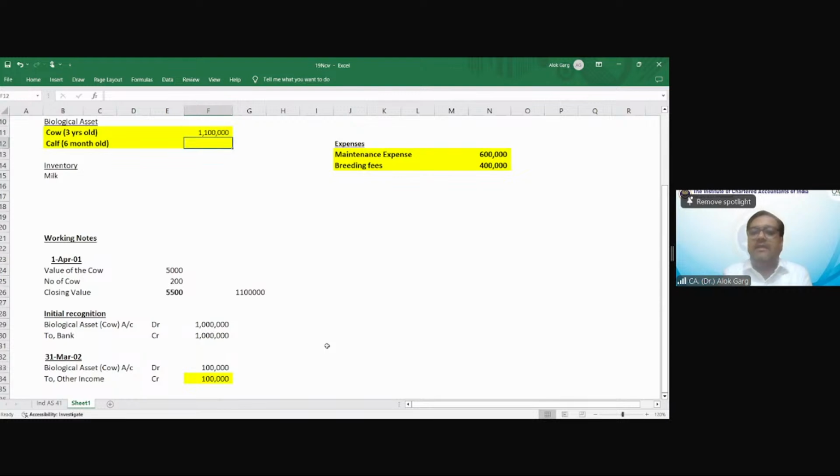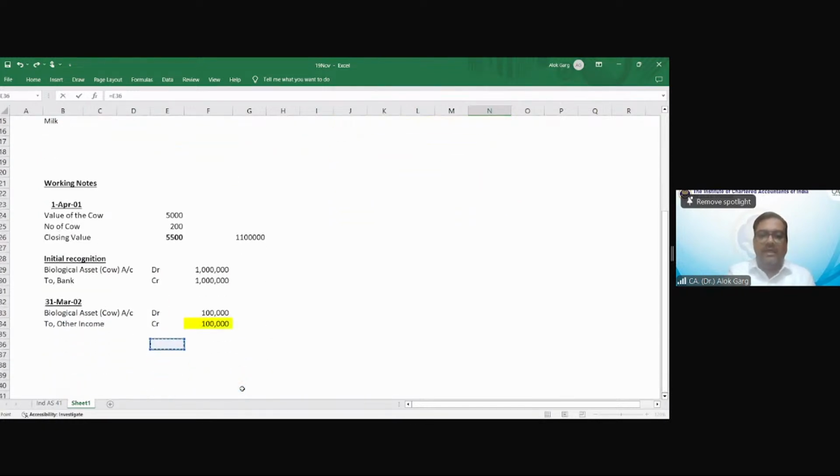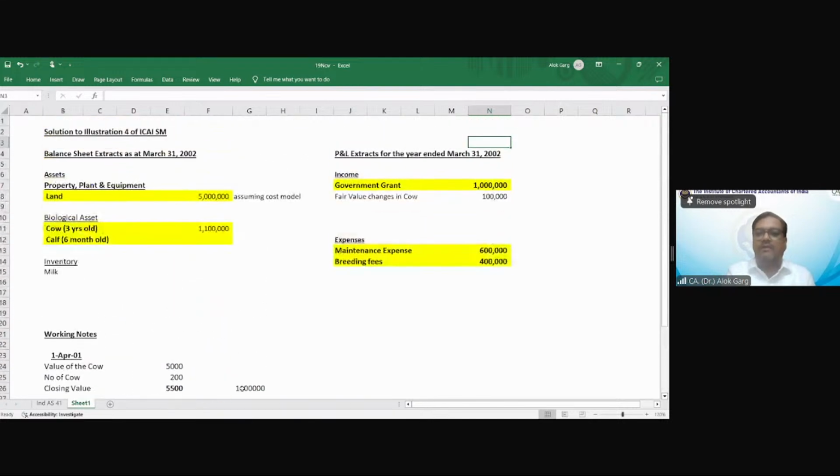So this 11 lakh will come here, and what goes in income? Fair value changes in cow, 1 lakh rupees. 1 lakh rupees comes into other income. Any doubt or difficulty here? No, sir.